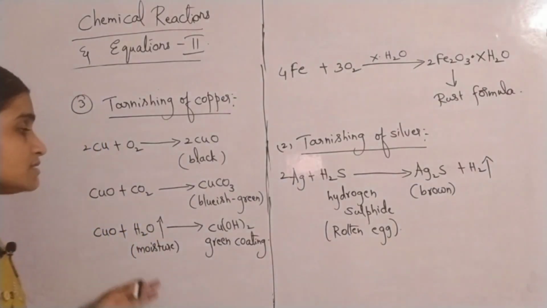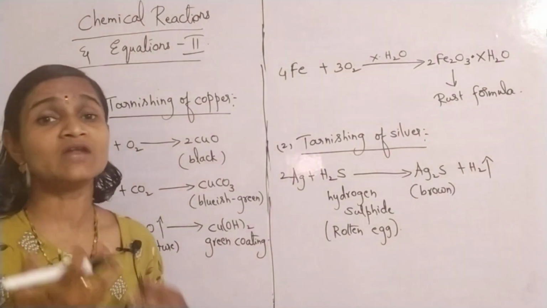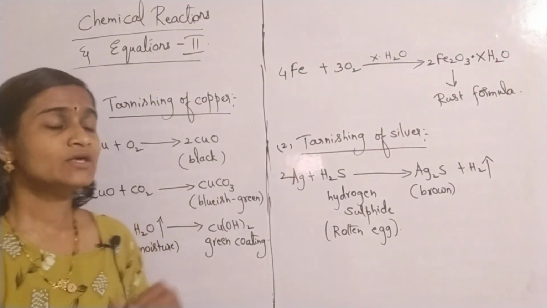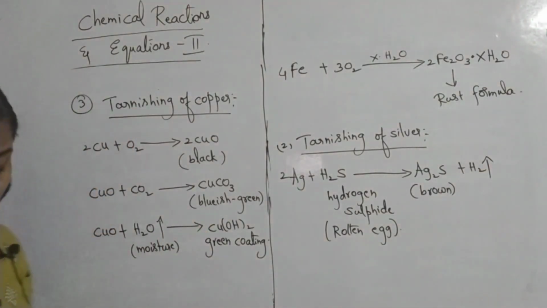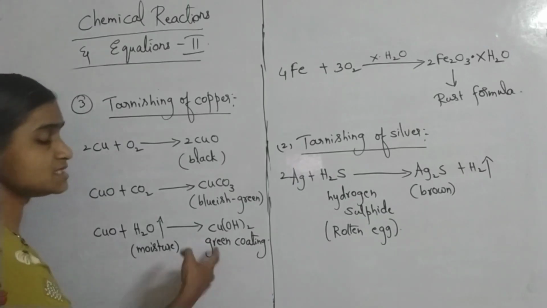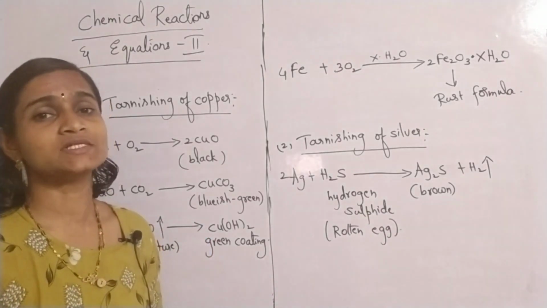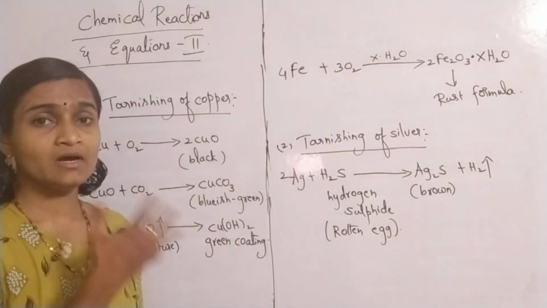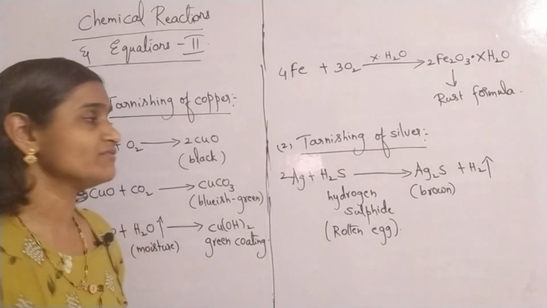So all these colored substances are formed as an unwanted layer on the surface of copper articles. You call that phenomenon as what? Tarnishing of copper. So this is a chemical reaction which is happening in our daily life also. Corrosion comes under daily life reactions which we see in our day-to-day life, right?